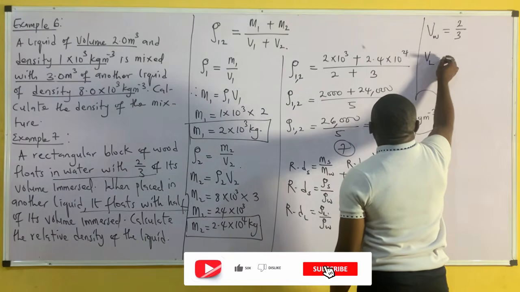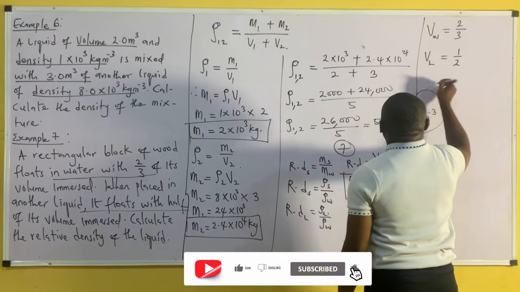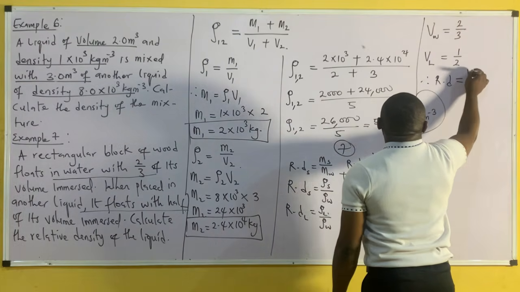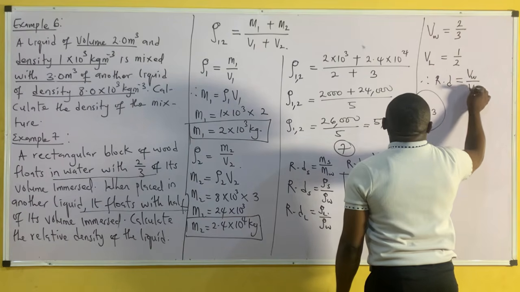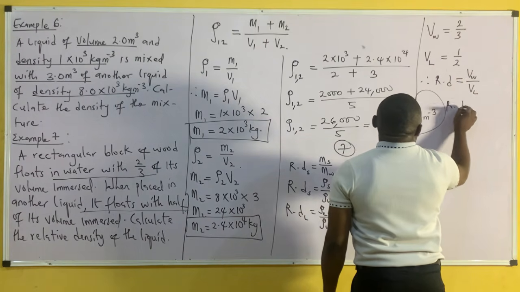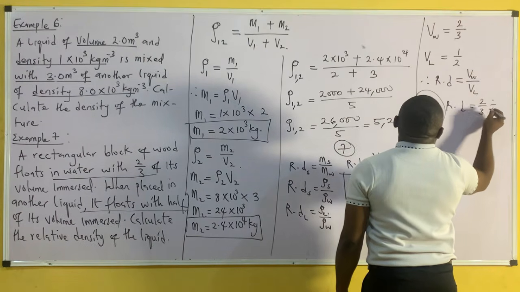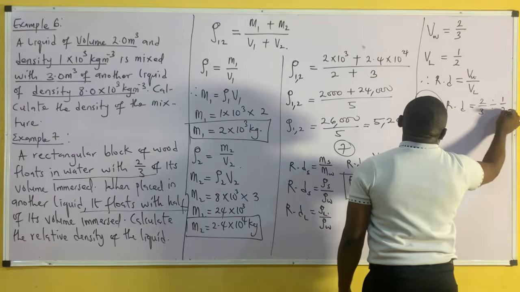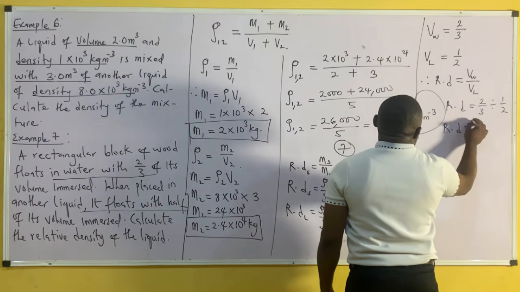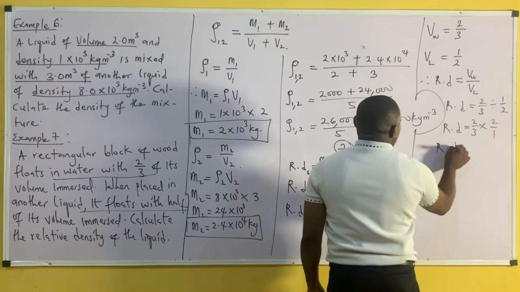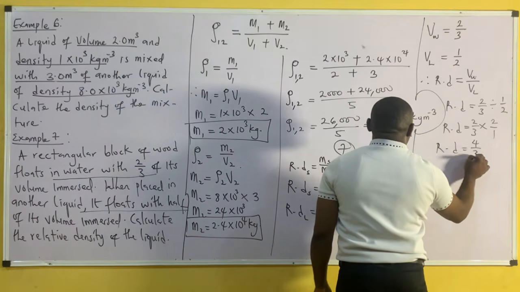Volume in liquid equals 1 over 2. Therefore, relative density is equal to volume in water over volume in liquid. Relative density is 2 over 3 divided by 1 over 2. Relative density becomes 2 over 3 times 2 over 1. Relative density equals 4 over 3.